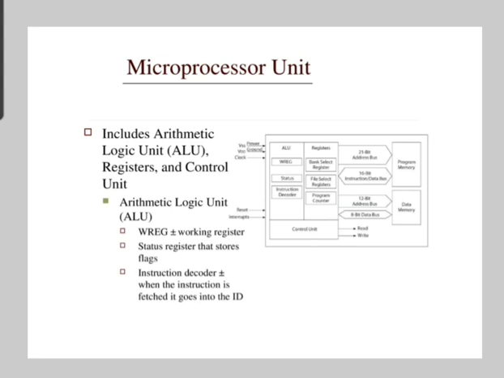For PIC18F242 it is 768, for 252 it is 1536, for 442 it is 768 bytes, and for 452 it is 1536 bytes. Then EEPROM in bytes: for 242 it is 256, 252 is 256, 442 is 256, and the remaining 452 is also 256.